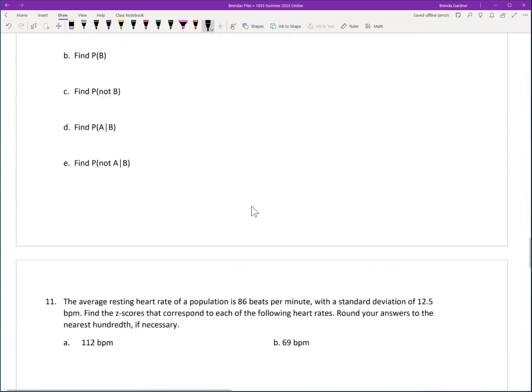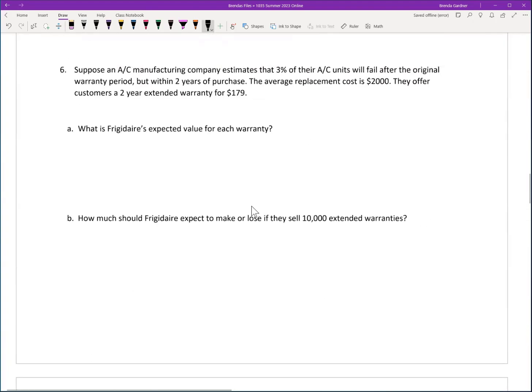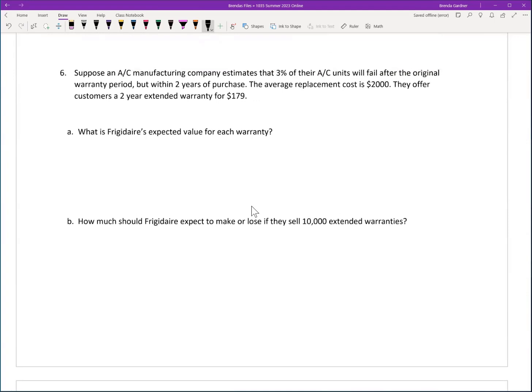So when we go back up to this question, how many things can happen? Well, we actually only have 2 outcomes. Either the AC unit fails, or it doesn't fail, right? So those are your 2 outcomes. What I want to do is figure out what happens money-wise.